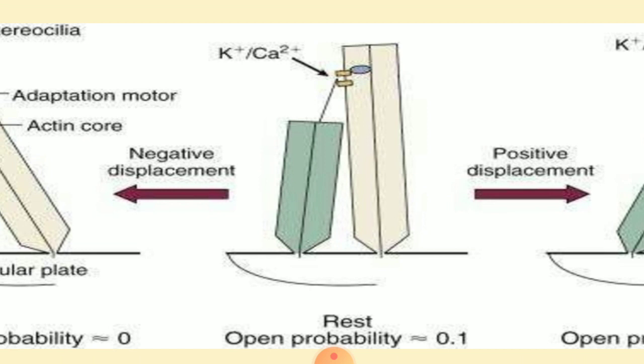And you know, entry of potassium ions leads to depolarization of the cells. Whenever this depolarization reaches the threshold, there occurs opening up of voltage gated calcium channels and entry of calcium in excess amount within the hair cells and release of a specific neurotransmitter called glutamate.